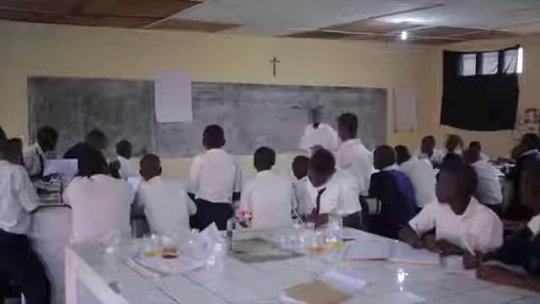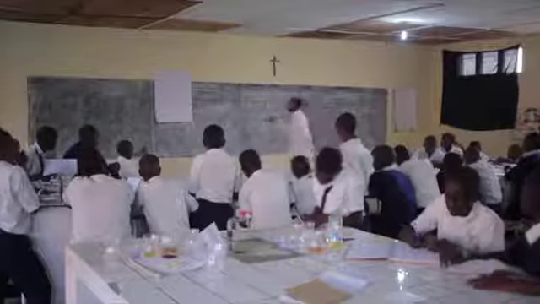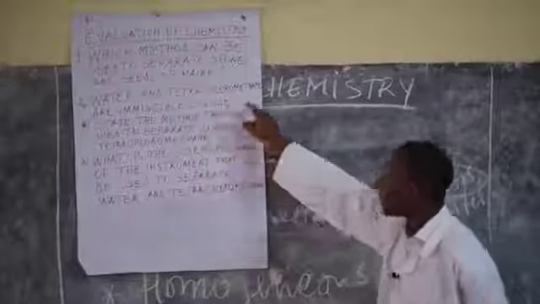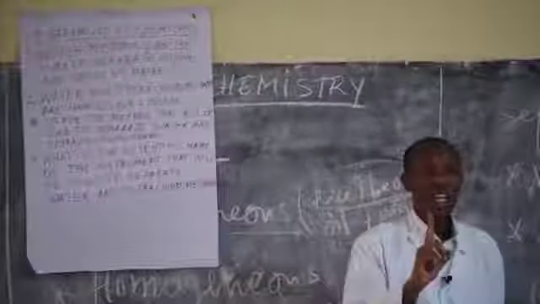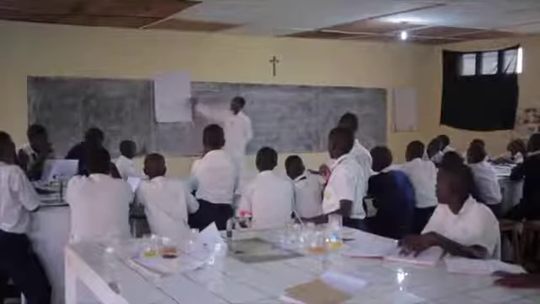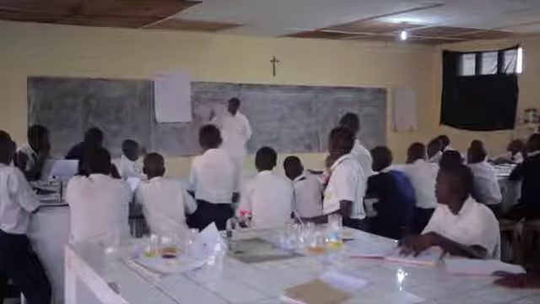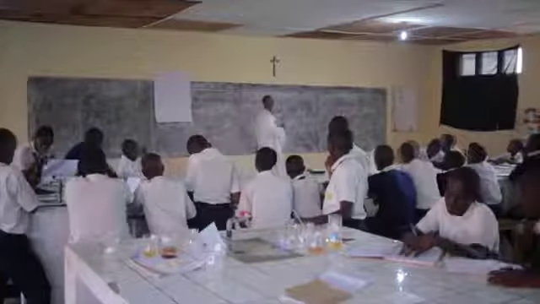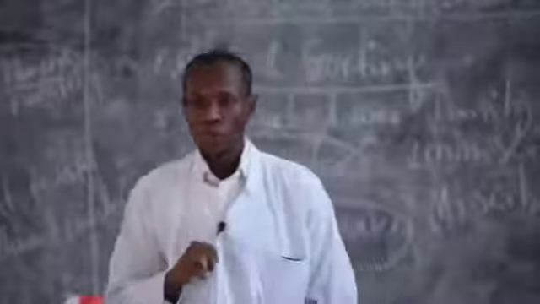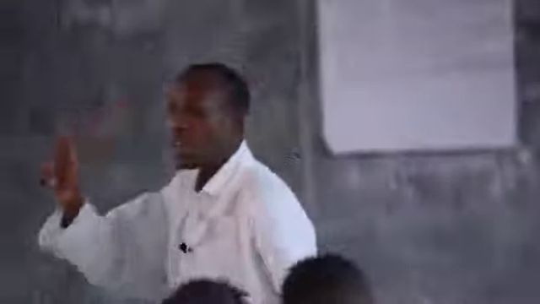Question number 2. Water and tetrachloromethane are immiscible liquids. Sub-question A. State the method that will be used to separate water and tetrachloromethane. If there are 2 liquids which are immiscible, which method will be used?